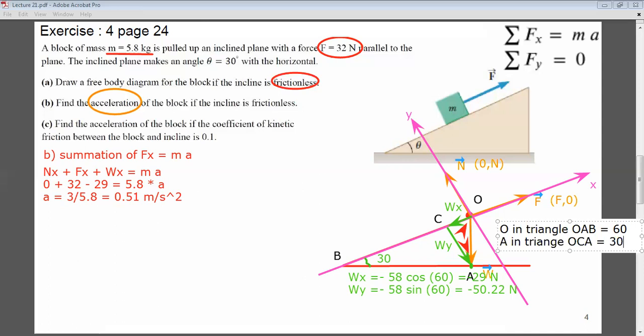In this case, Wx will be opposite to angle 30, so it will be W sine 30, and Wy will be the adjacent of angle 30, and it will be W cosine 30. So I solved it in this way just to show you that you can choose either angle. You are free. Fine. Part C.